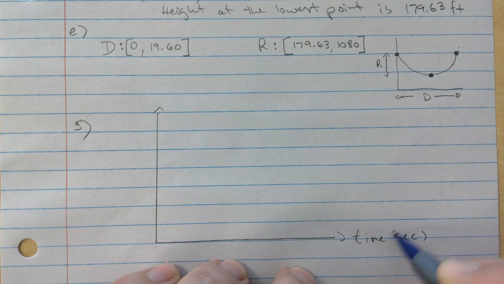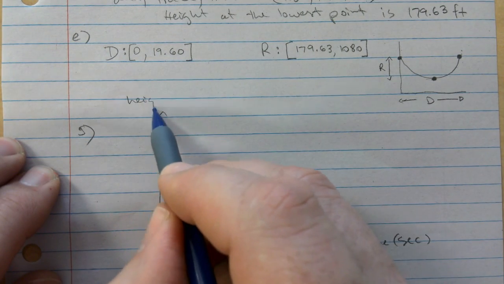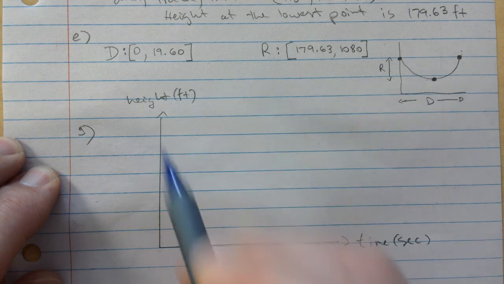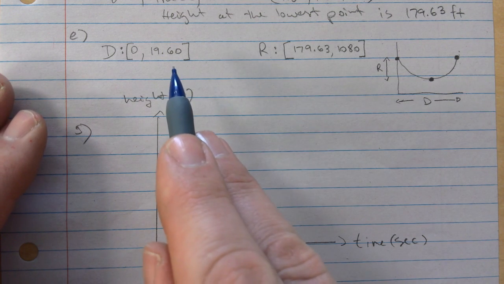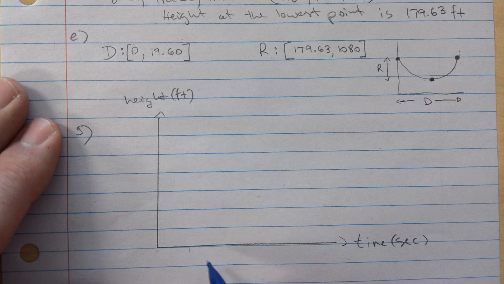Time in seconds, height in feet. For my time, I'm going to go up to at least 20, so the domain helps you there as well. So 5, 10, 15, 20, that's pretty good. Sorry, this is supposed to be 10 and then 20.